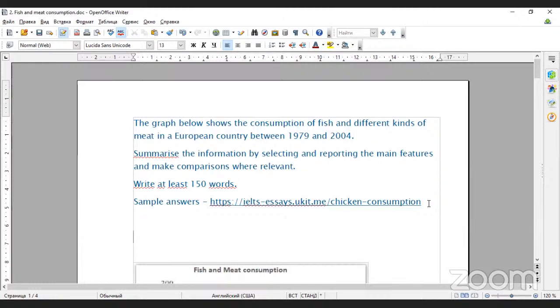Okay, so I would write an introduction like this. Given as a line graph, which... what did we say for shows?